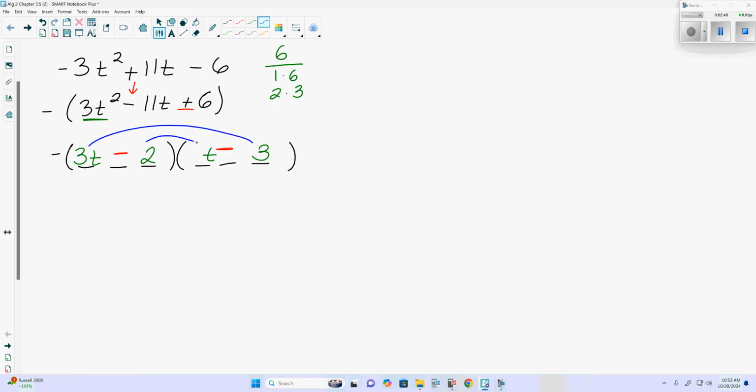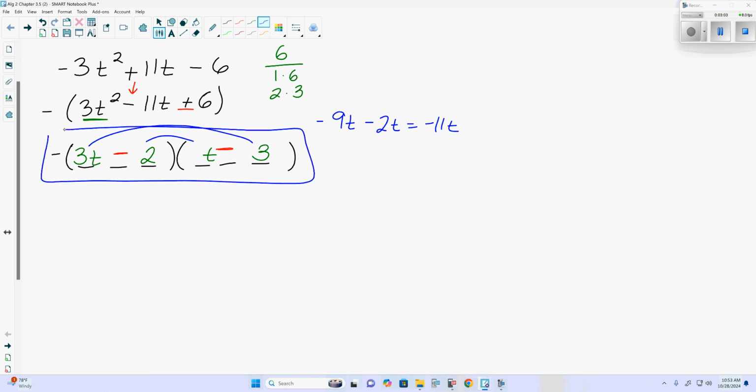We plug those in and check to see if we get the correct middle term. 3t times negative 3 is negative 9t. Negative 2 times t is negative 2t. And negative 9t minus 2t is indeed negative 11t. So these here are our factors. Any other questions on the homework?